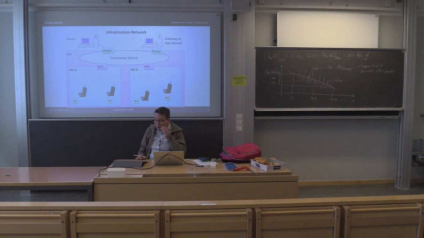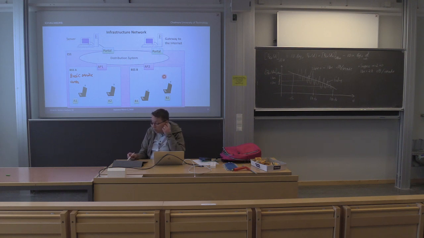So infrastructure, what is that? Well, it's when you have these particular devices called access points. This is a Wi-Fi device that serves a certain physical area. So here we have a basic service area, which is then served by this access point, number one.